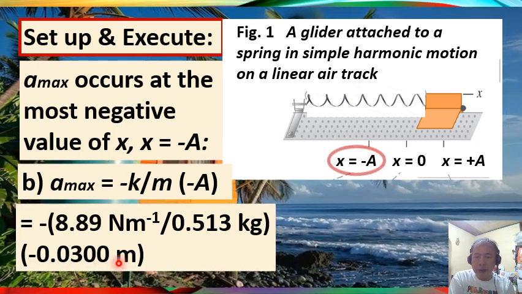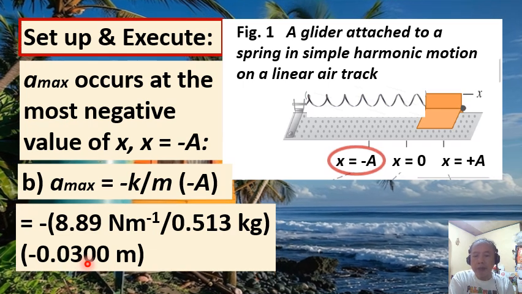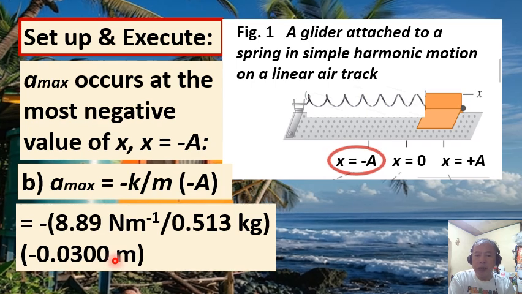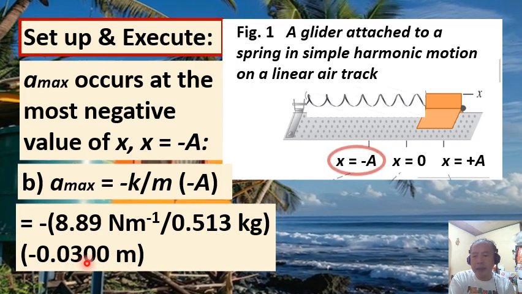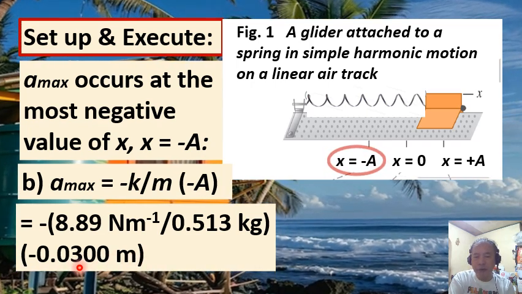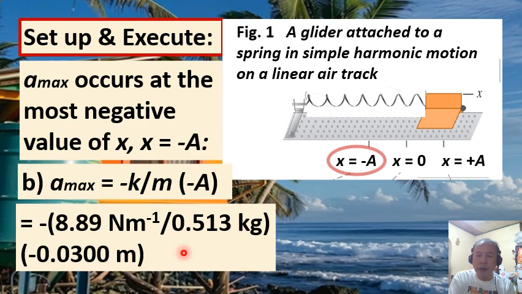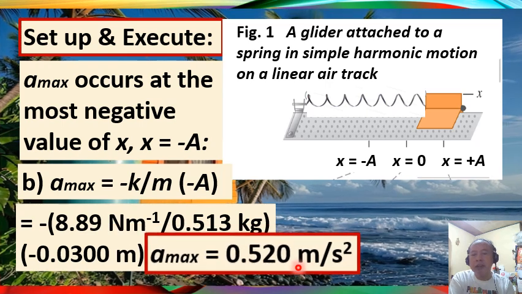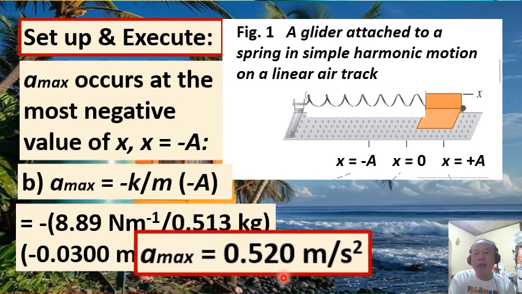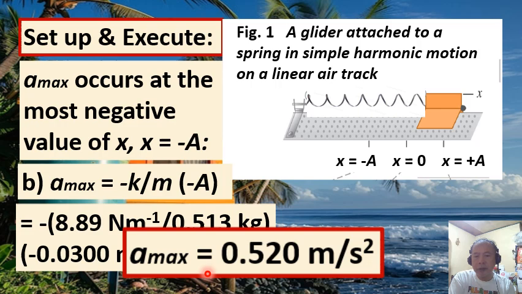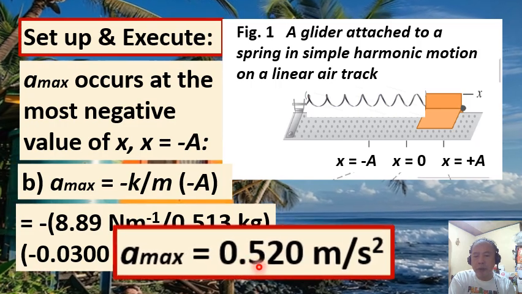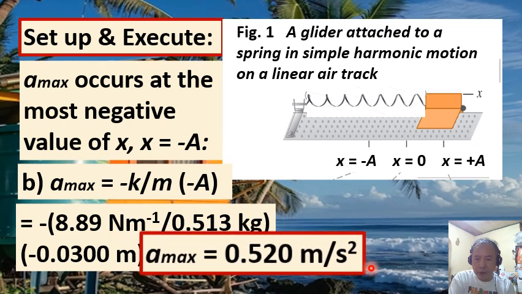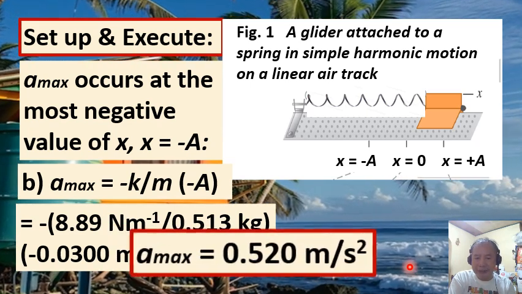This is the maximum negative displacement that also has the same value as the amplitude of the oscillation, right? So again, when we do our math, we arrive at the value of the maximum acceleration of the glider, A max, equals 0.520 meters per second squared, also in three significant figures.